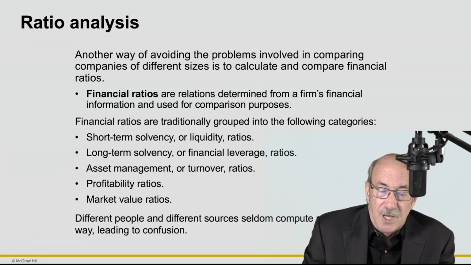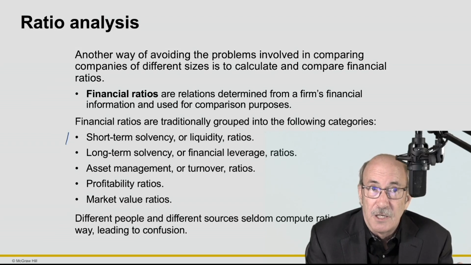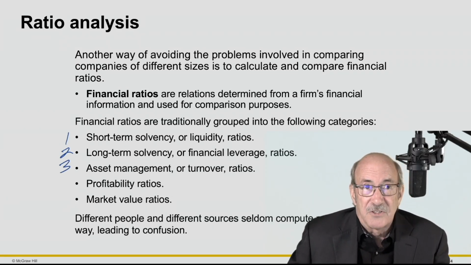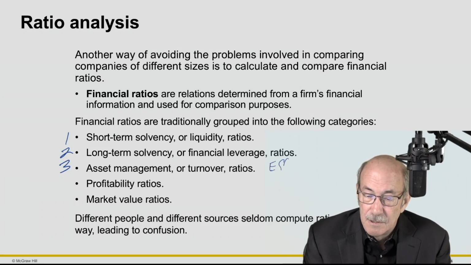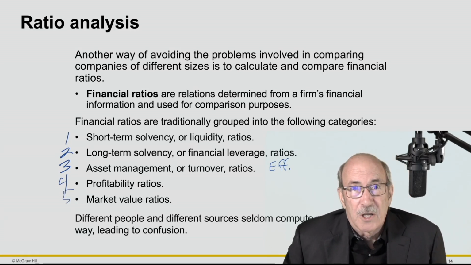We break these up into 5 main categories. 1 is short-term solvency or liquidity ratios. 2 is longer-term solvency, financial leverage ratios. 3 are asset management and turnover ratios, i.e., I think of these as efficiency ratios. Number 4 is profitability. And then the 5th category are market value ratios.